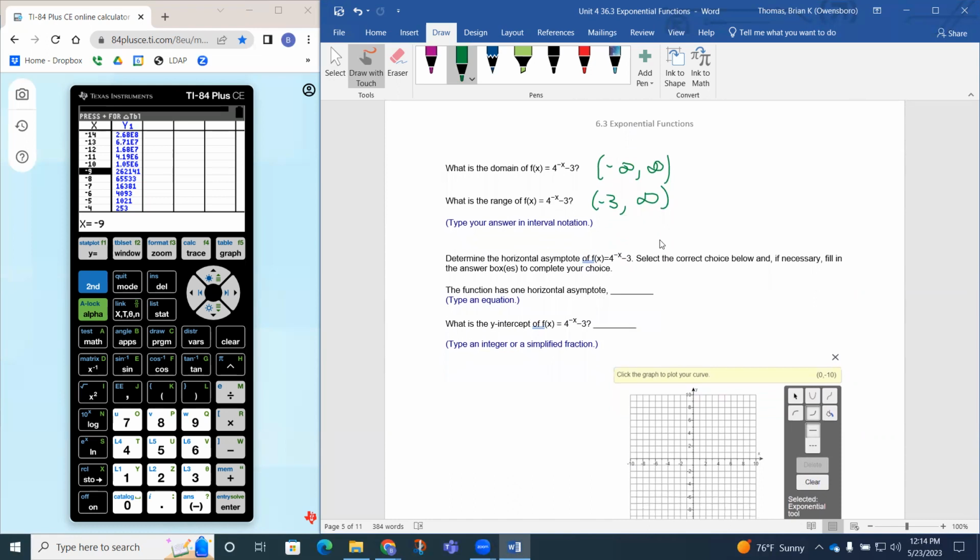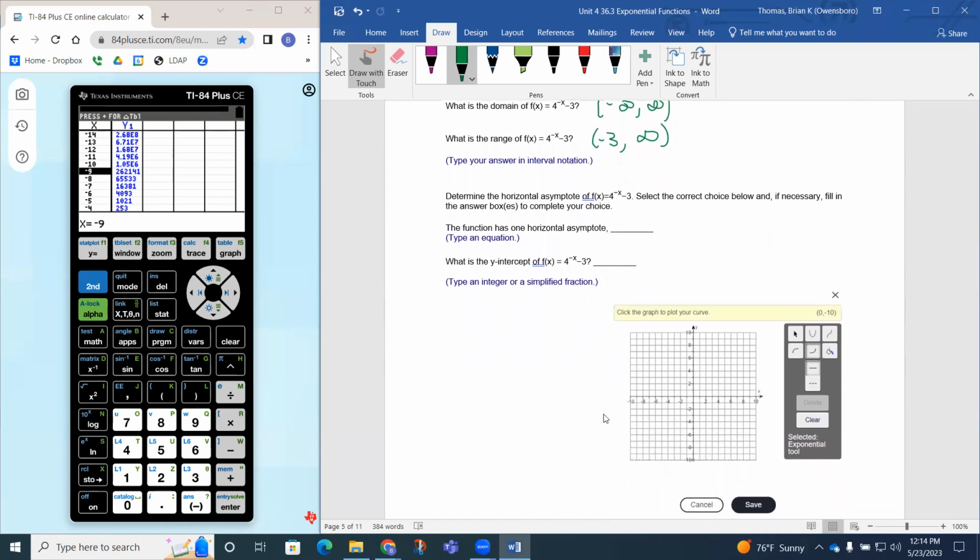The horizontal asymptote, as we were pointing out, 0, negative 2 is my new intercept. The boundary line was this y equals negative 3. And my graph is kind of a sketch. That's how it should be approaching this boundary line, which is called a horizontal asymptote.